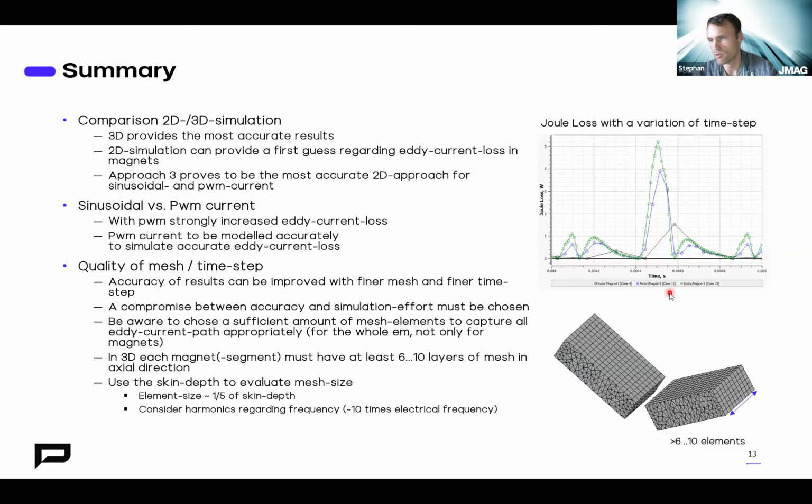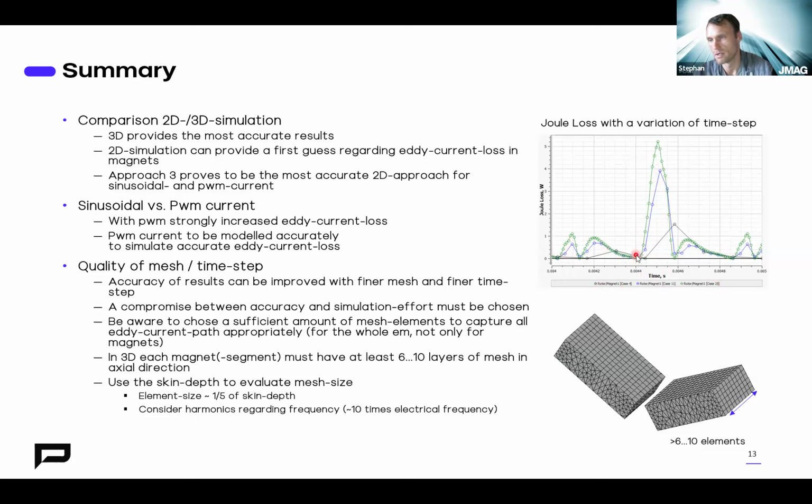And if you then increase the number of steps per period, or if you decrease the time step, then results become more accurate. A medium result, let's say, is the blue line. And if you refine this further to the green variant, then you get even better results.